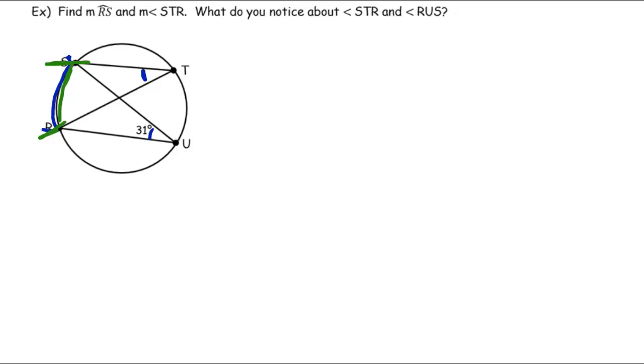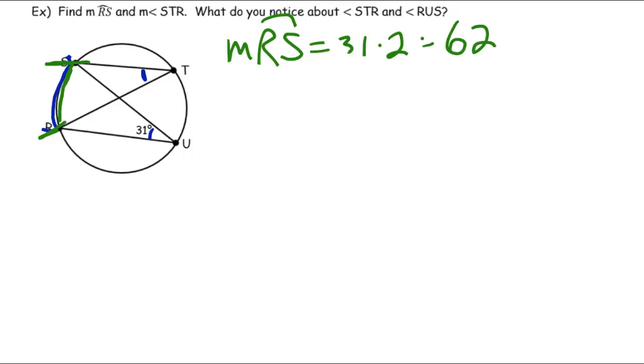So first of all, to find the arc measure RS, we know that we have to take the angle and multiply by 2. So that's going to be 31 times 2, which is 62. That's 62 degrees for the arc.